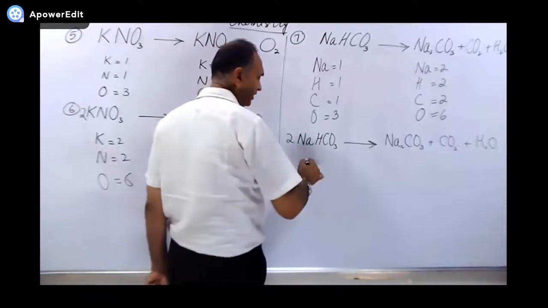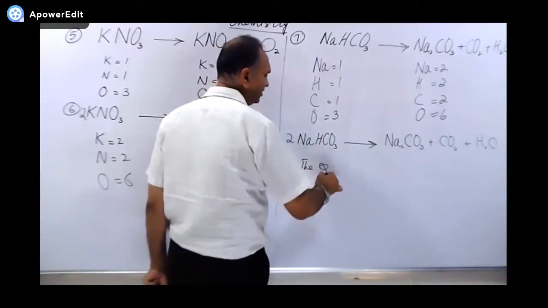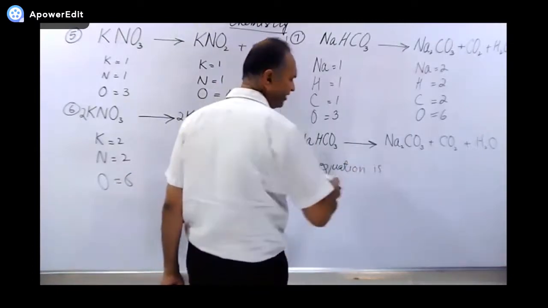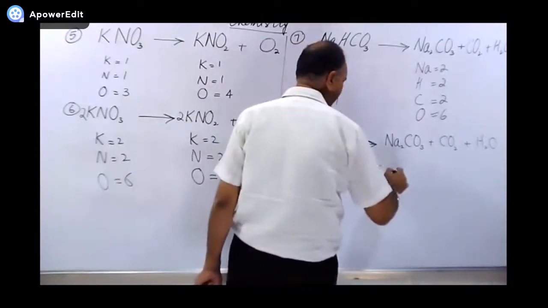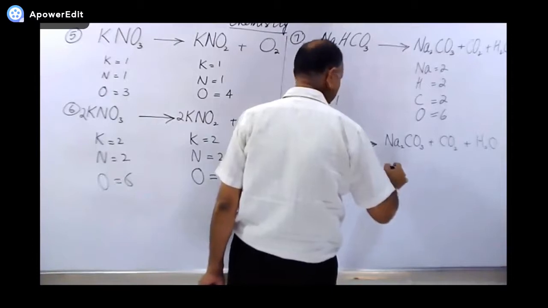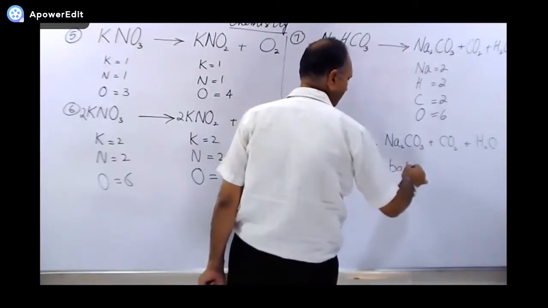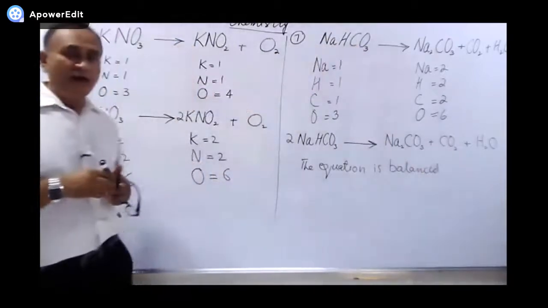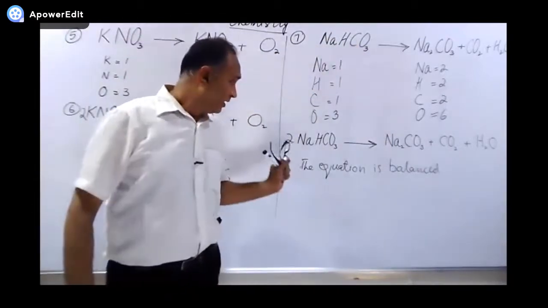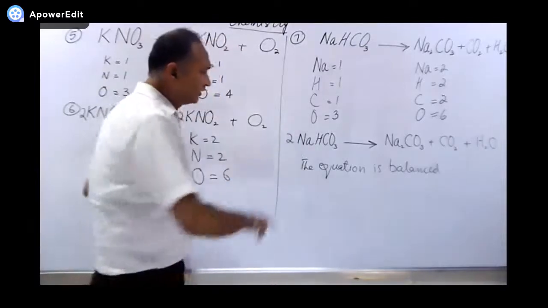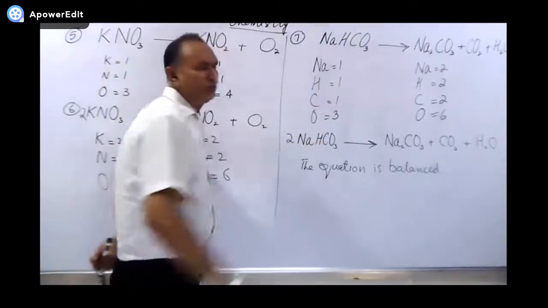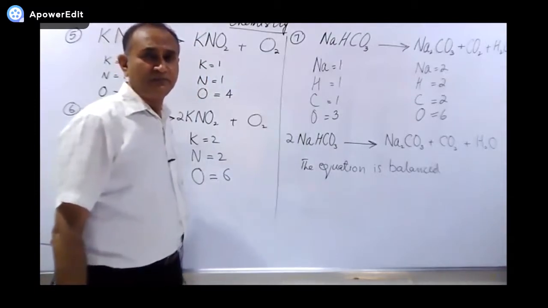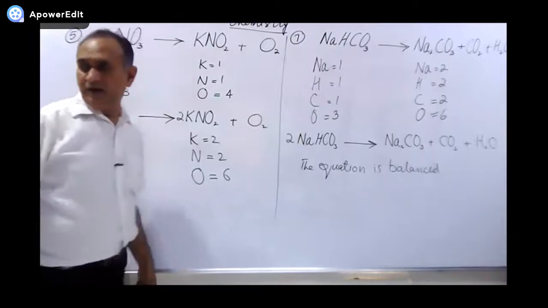We'll write here the equation is balanced. You can write this at the end of each balanced reaction. As I told you, just write two over here and the whole thing will become in order. All right?